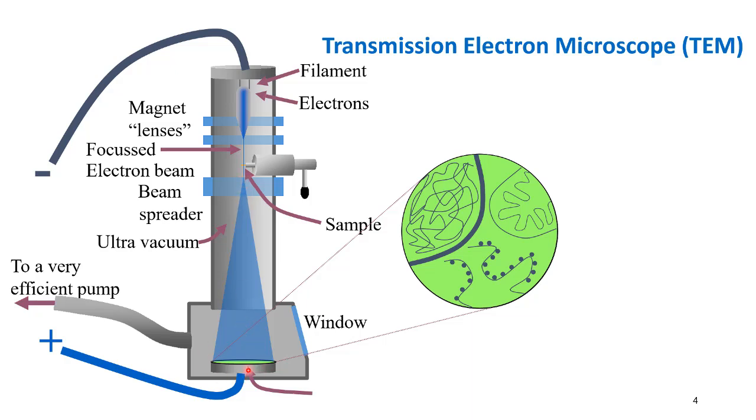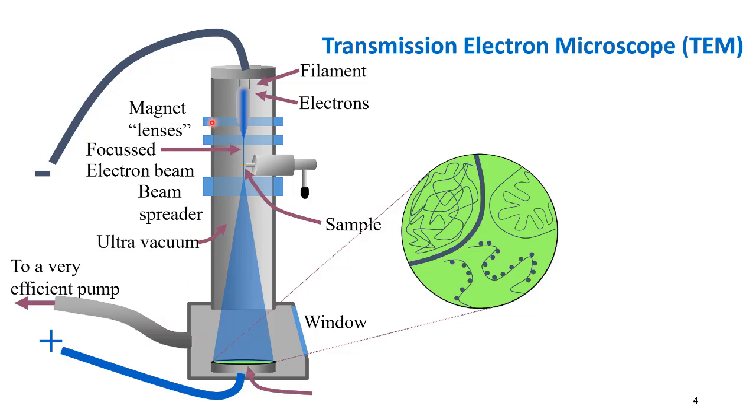This is a phosphor coated window, as I already gave you the example of a TV monitor. That kind of same screen is over here. We can see these electrons coming on this screen, giving us the signal, a magnified image basically. So this is the negative and this is the positive. The electron moves from the negative to the positive.